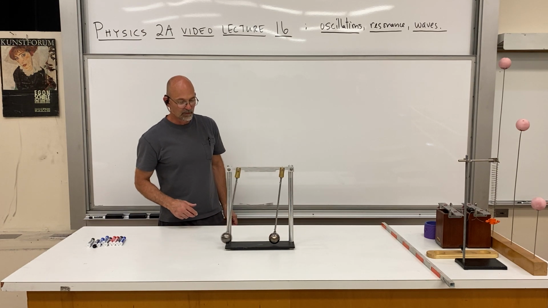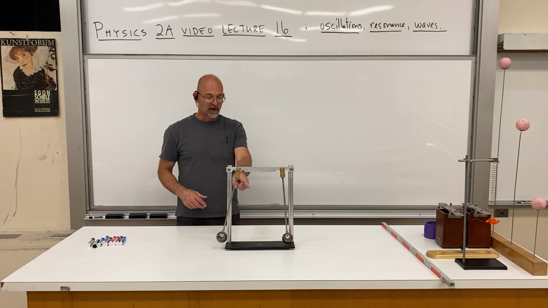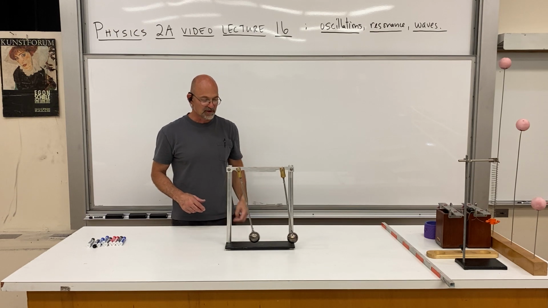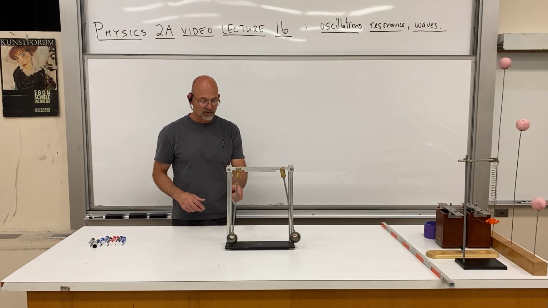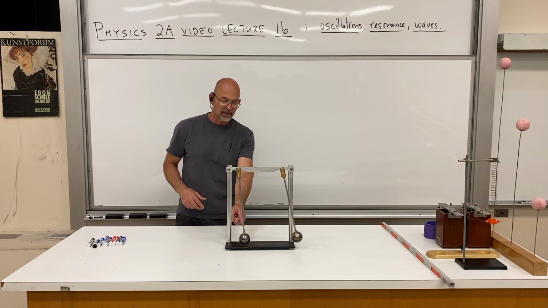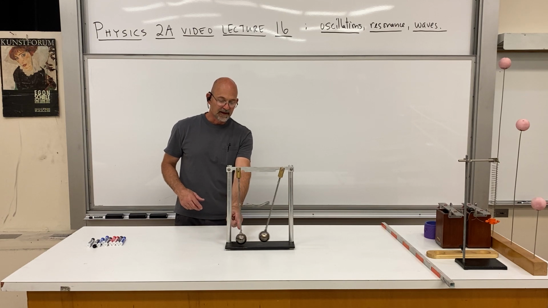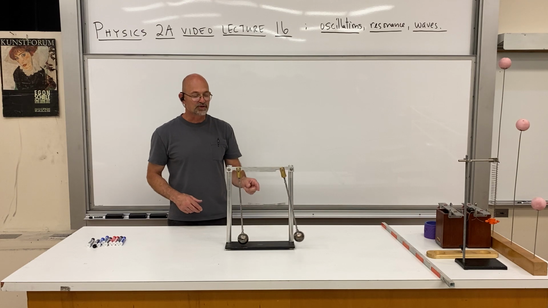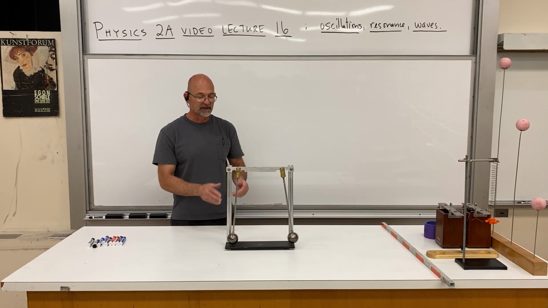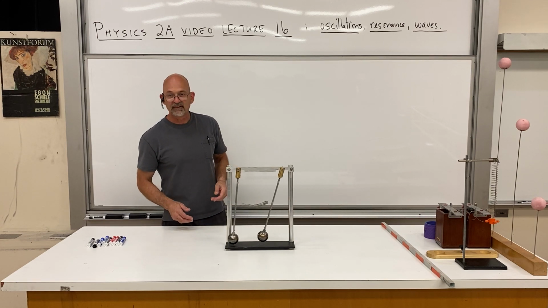So what we notice is that the spring is acting on the other pendulum, and now they're both swinging. What we may not have expected is that this one is going to come to a dead stop right now, and this one has all the energy. The energy has been transferred from one pendulum to the other, and this is going to repeat itself.